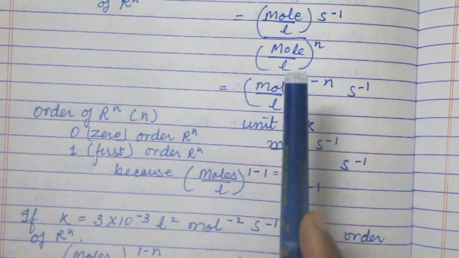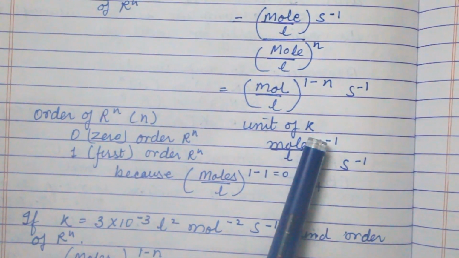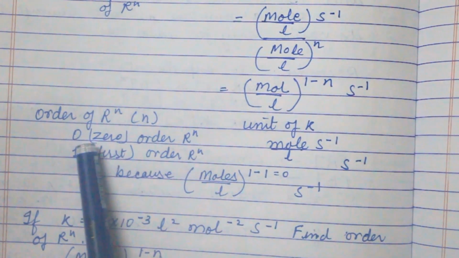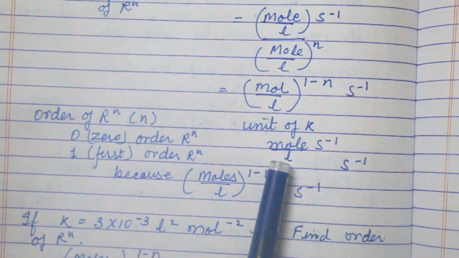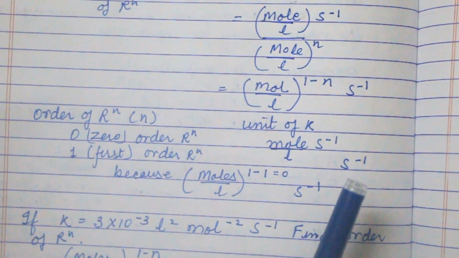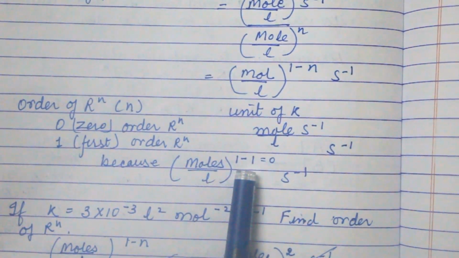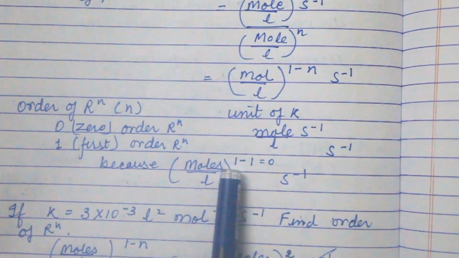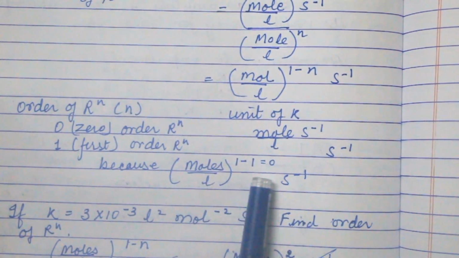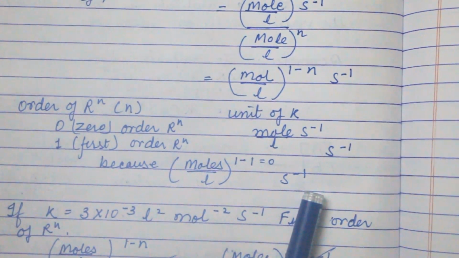So if we consider the order of reaction and the unit of K together, for a zero order reaction we have mole per liter per second, and for a first order reaction we have only per second, because in place of n we take 1, so 1 minus 1 is 0, the whole thing becomes 0, and we have only the unit per second.